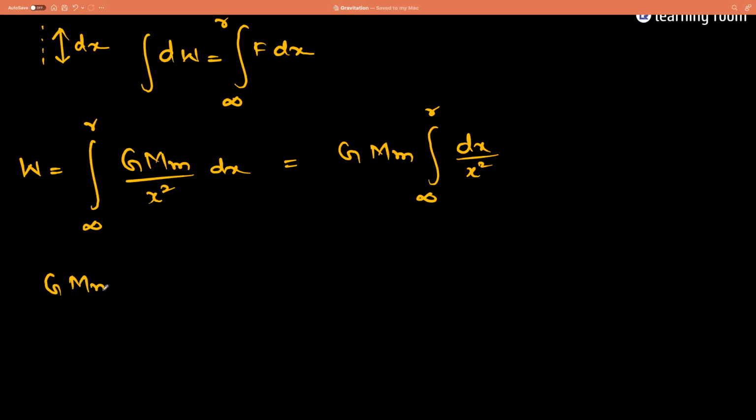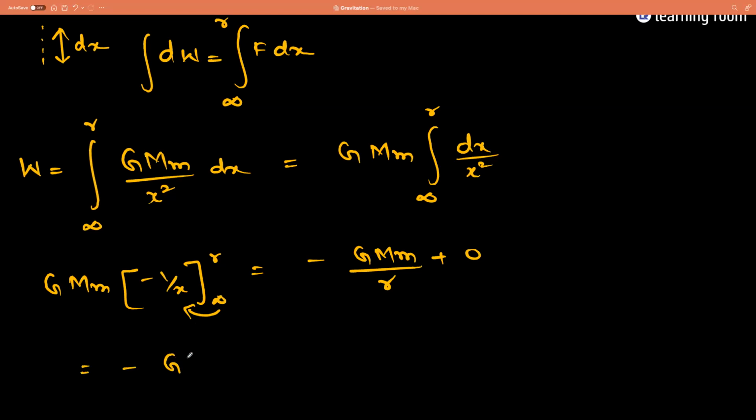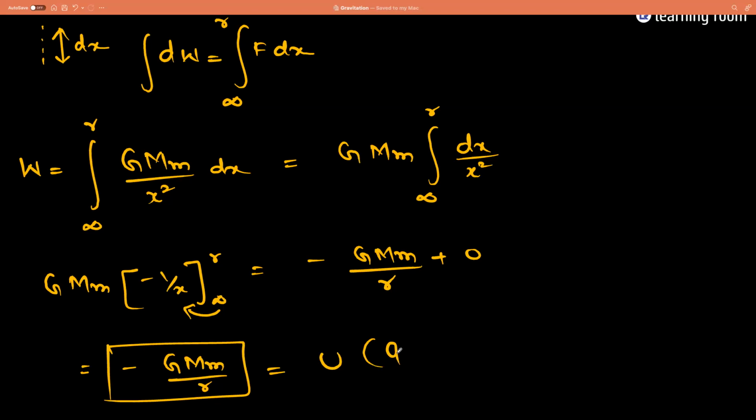The integral of 1 by x square is minus 1 by x from infinity to r, so this is going to be minus G M m divided by r plus 0. The reason I'm writing 0 is because when you substitute infinity in place of x in the denominator, it will be 0. So the answer will be minus G capital M into small m divided by r. And this value is the value of U, which is also called gravitational potential energy.